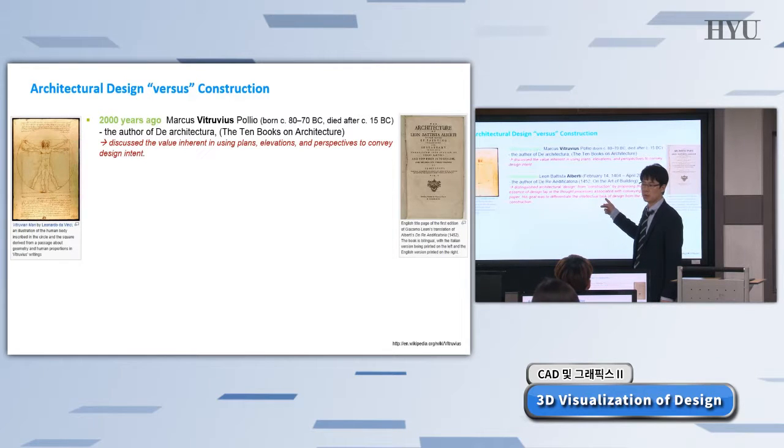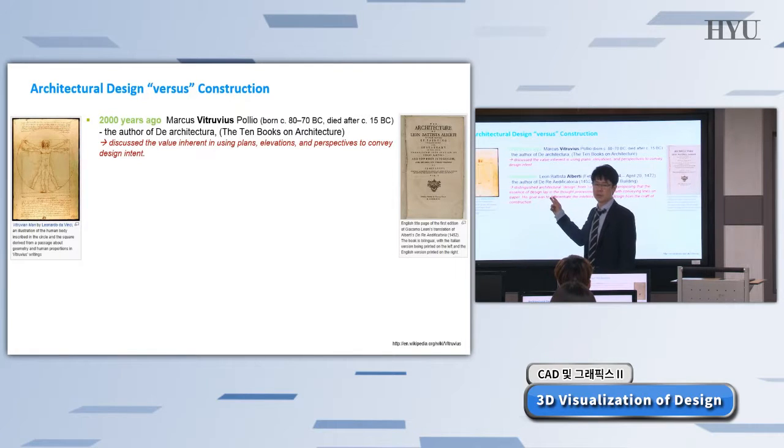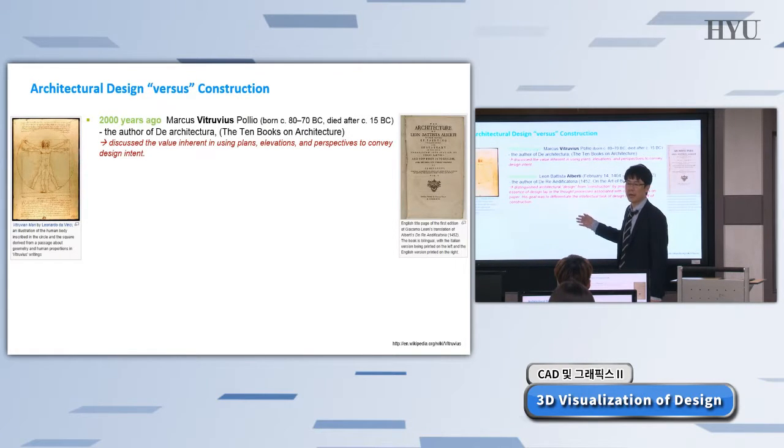What did this mean? Before him, before the Renaissance, architecture, design, and construction were always integrated. Simply think about the pyramid several thousand years ago. There was no evidence of a designer for the pyramid and a constructor for the pyramid being different, okay? All the same.